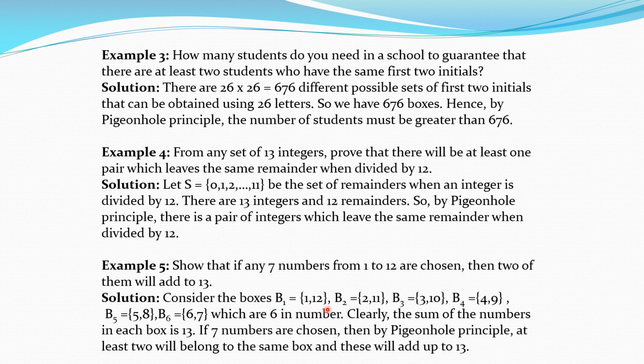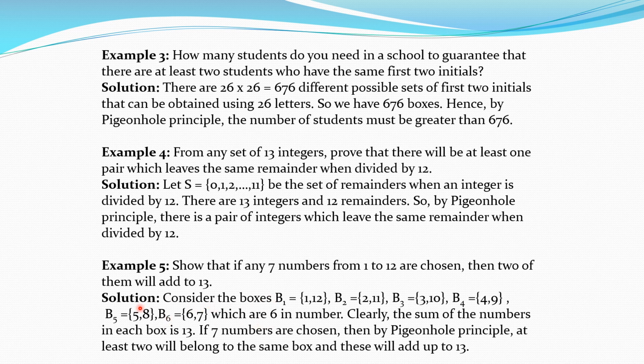In the same way B3 is 3 and 10, B4 is 4 and 9, B5 is 5 and 8, B6 is 6 and 7. Now if I try to form B7, it will be 7 and 6, which is the same as B6. So these are the 6 different boxes where in each box the sum of the two integers is equal to 13.